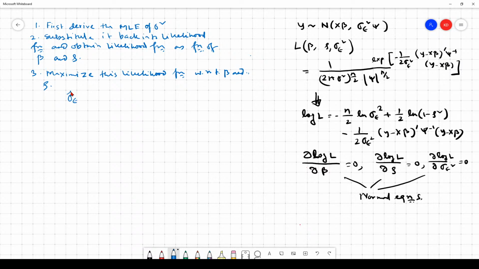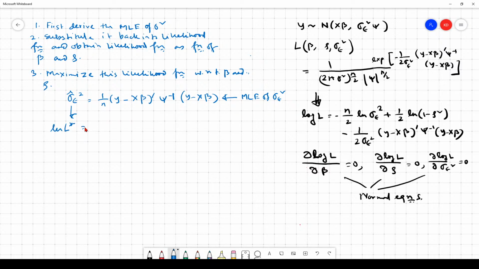First, sigma epsilon hat square is equal to 1 by n (y minus X beta) prime Sigma inverse (y minus X beta). This is the estimator of sigma epsilon square. Then substitute it, and we write the L n star.